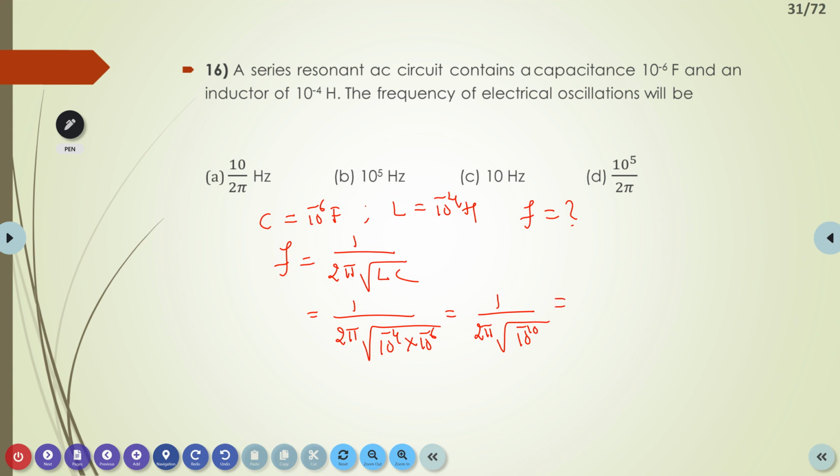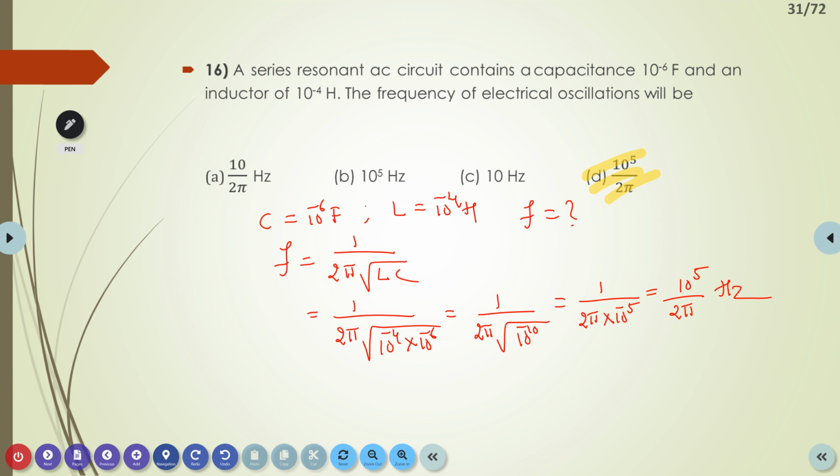This is equal to 1 divided by 2 pi into 10 to the power of minus 5. Transferring it to the numerator, you get 10 to the power of 5 divided by 2 pi hertz. So this is the right choice.